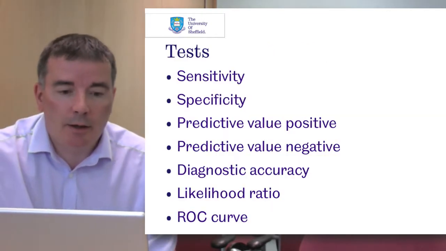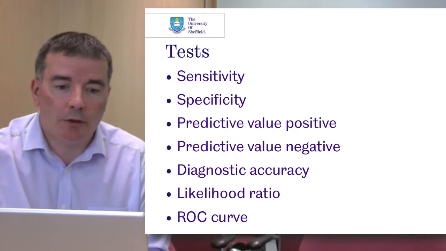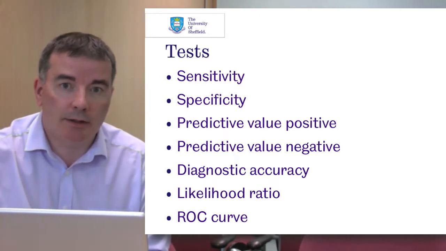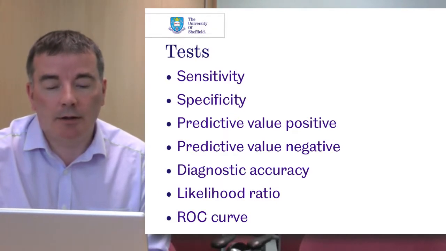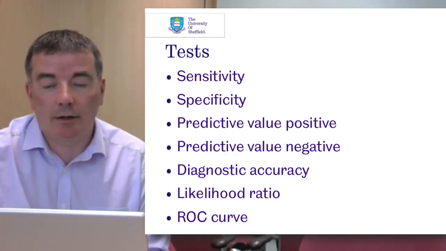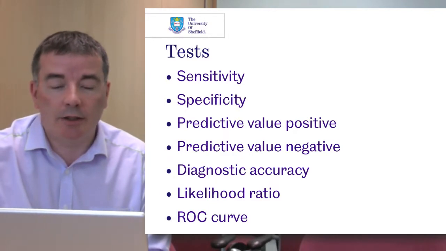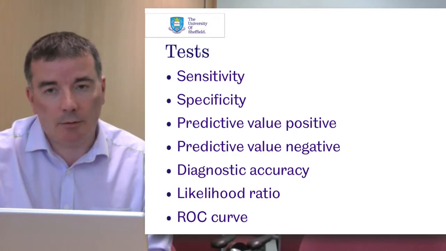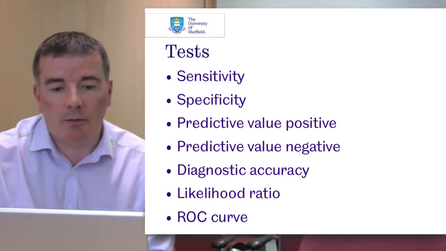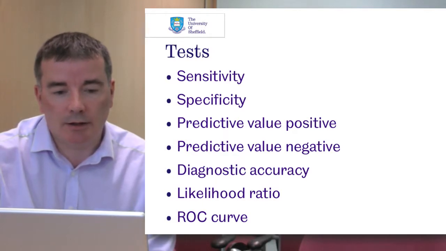The tests people frequently do to look at diagnostic validity are sensitivity, specificity, predictive value positive, predictive value negative, diagnostic accuracy, likelihood ratio, and receiver operating curves, known as ROC curves. And I'm going to talk through what each of these terms mean and their advantages and disadvantages.